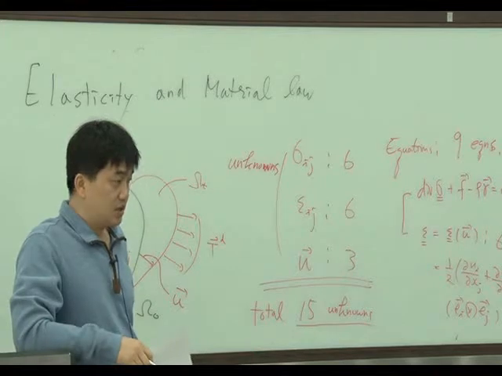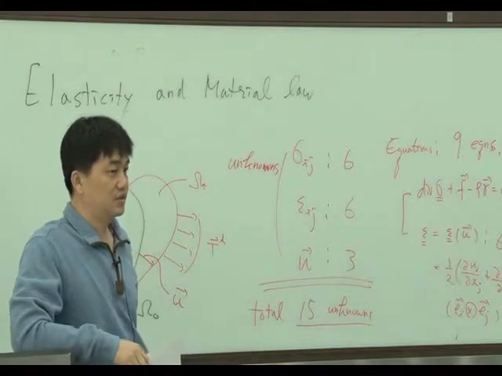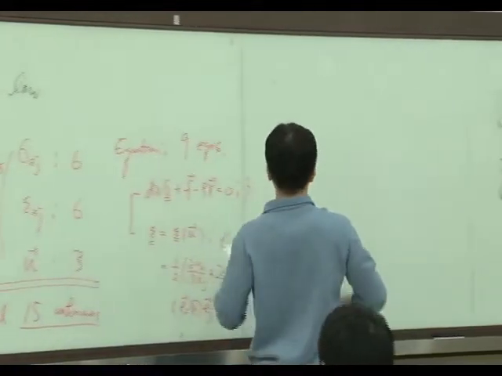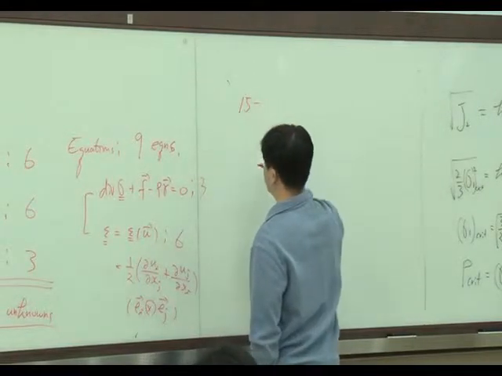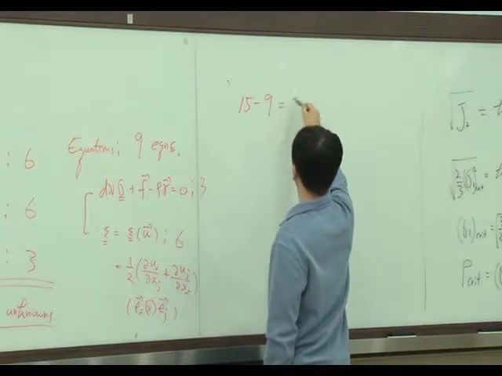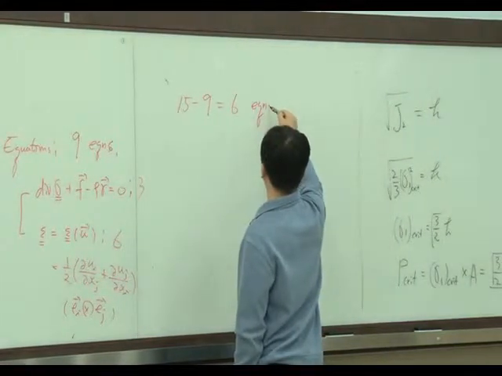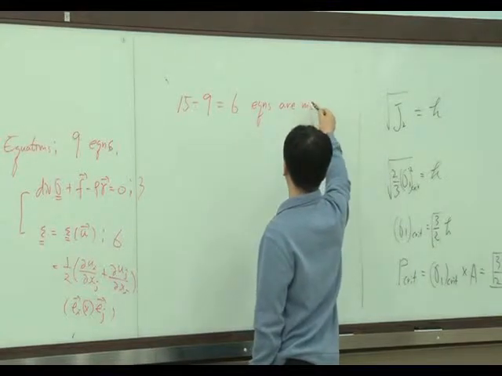So how many equations are missing? 6. 15 minus 9 equals 6 equations are missing.